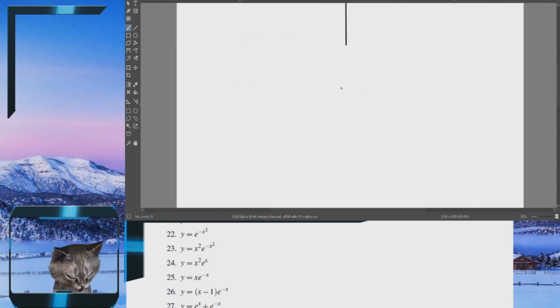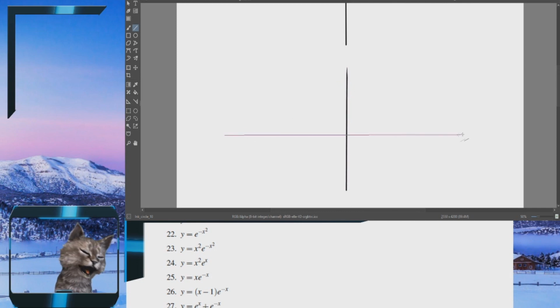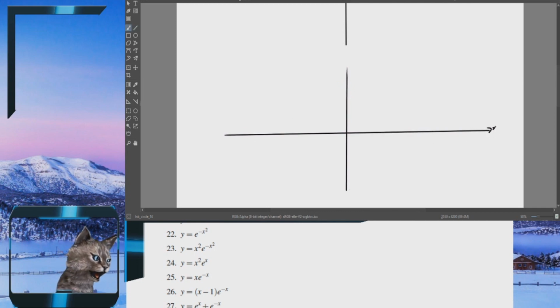Let's make a nice clean graph. And it's because of the x squared that I don't have the basic e to the x shape that I'm used to. I have 1 here.